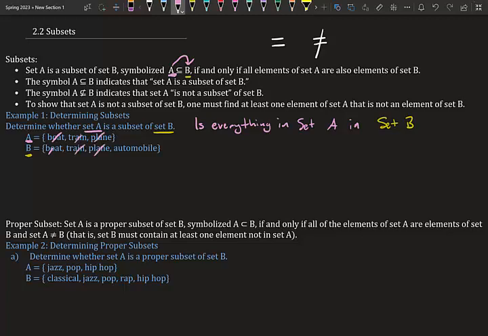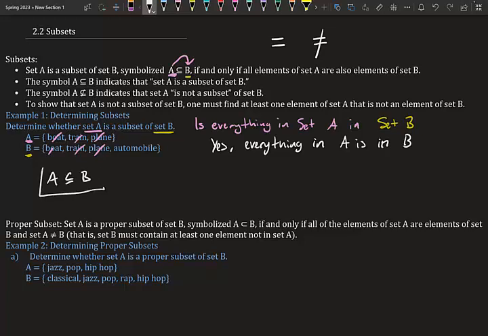So everything in A is in B. That is what we just found. So since that is the case, we can say that A is a subset of B. So, those little questions: is everything in set A in set B? Yes, everything in set A is in set B.